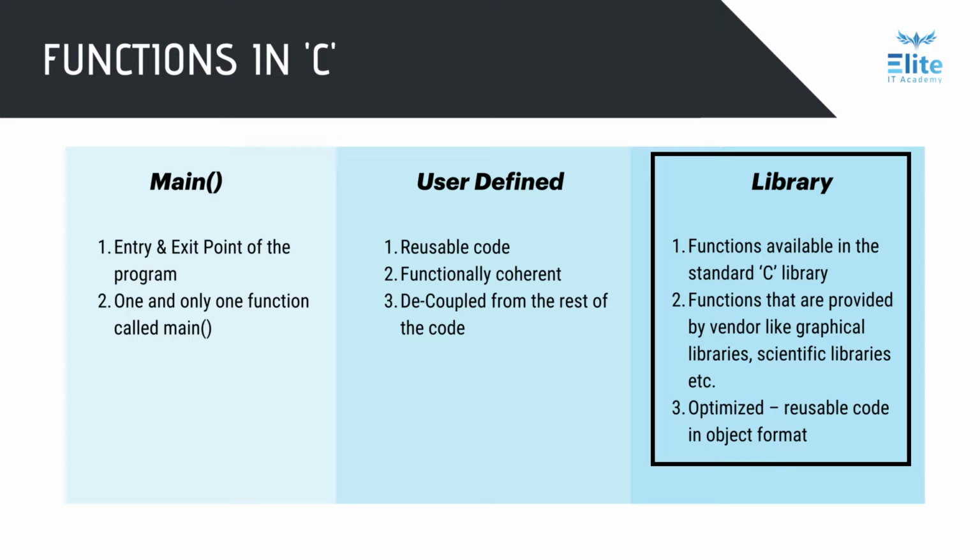The standard C library contains many functions that perform various general purpose tasks that can be reused, like math, standard input output functions, operating system calls, etc. In addition, many software component providers offer libraries that can provide specific functionality, like statistical libraries, graphical, and other utility functions. So, library functions basically are of two kinds. They are library functions provided by the C standard library, as well as other libraries that are provided by software vendors.